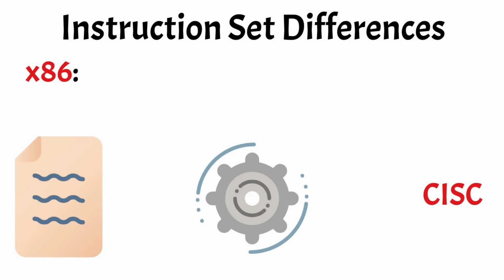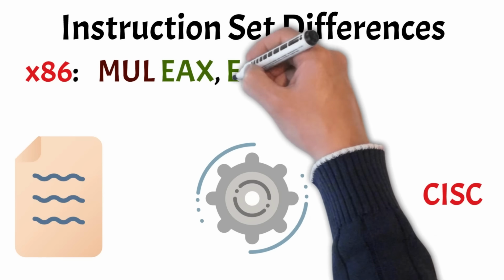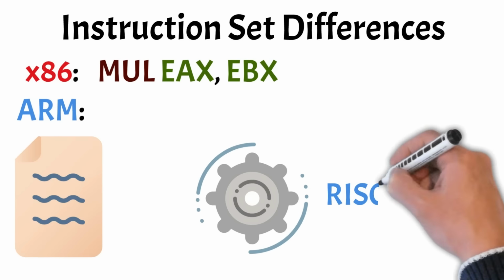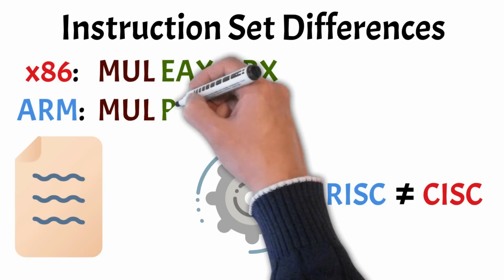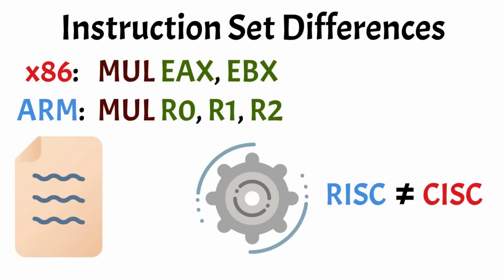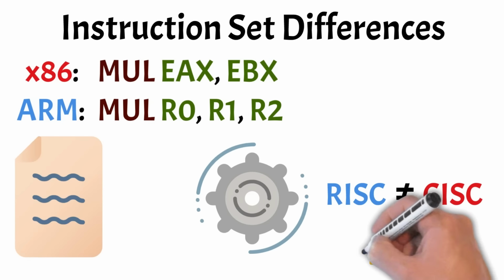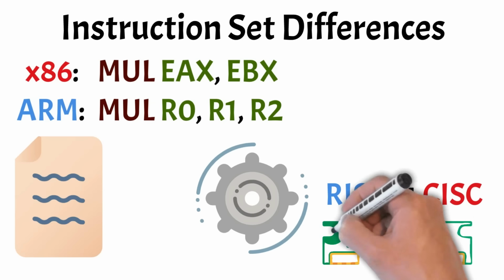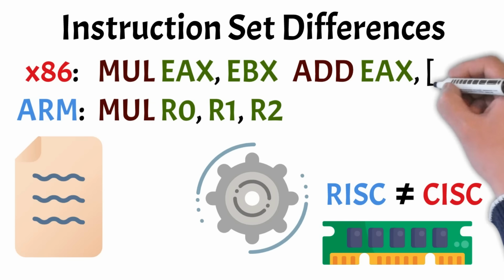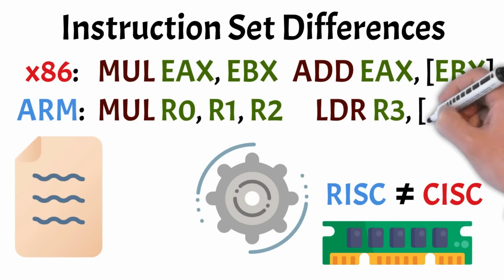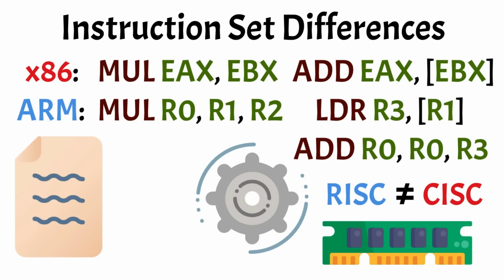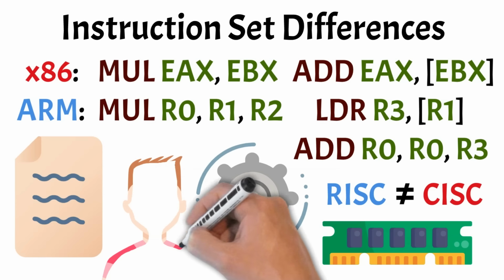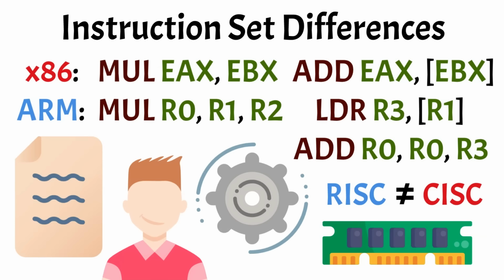For example, in x86, this line multiplies two registers in a single instruction, whereas ARM's RISC model requires simpler instructions, such as the following, which performs the same operation but follows a more uniform structure. Another key difference is memory access. x86 can manipulate memory directly, while ARM requires separate load and store instructions. The difference in instruction sets affects everything, from performance to power consumption, and even how developers write assembly code.